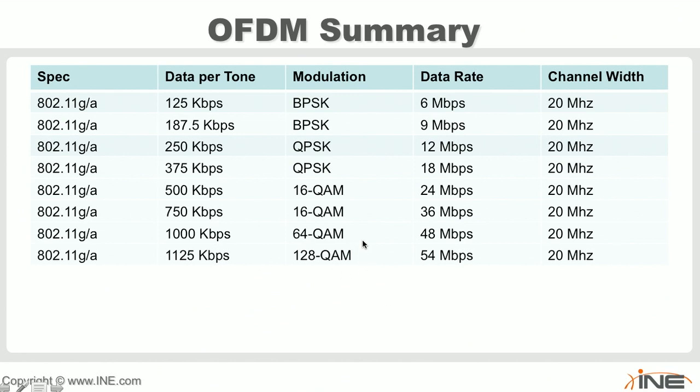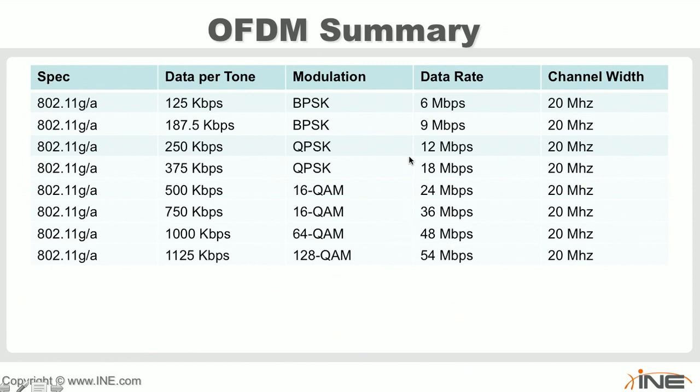That is to say, as I get further out and can only understand maybe quadrature phase shift keying versus 64 quadrature amplitude modulation, I can actually shift my data rate, dynamic rate shifting.